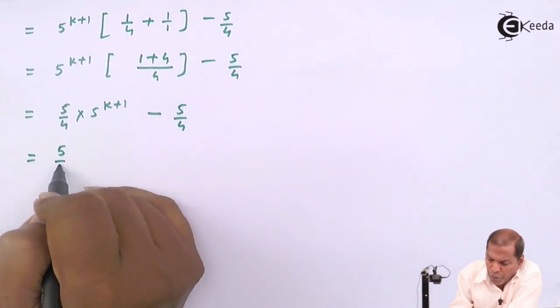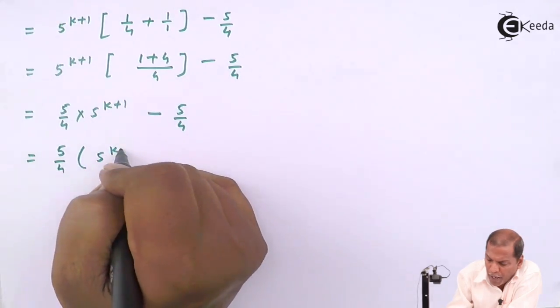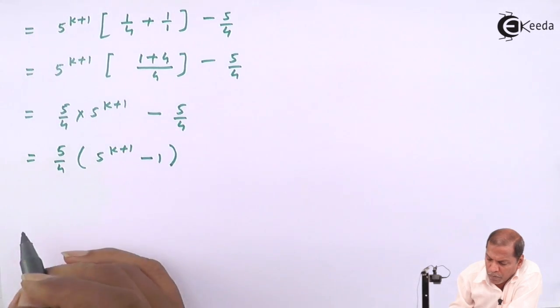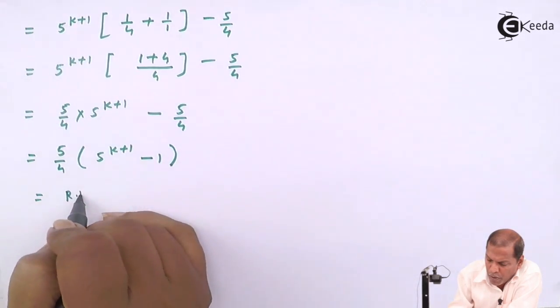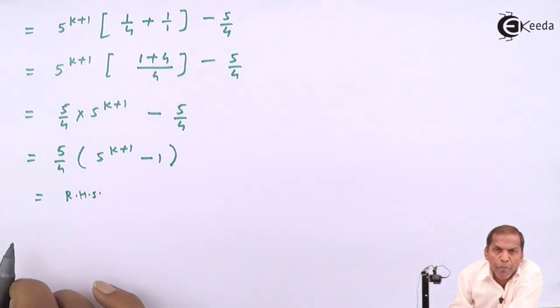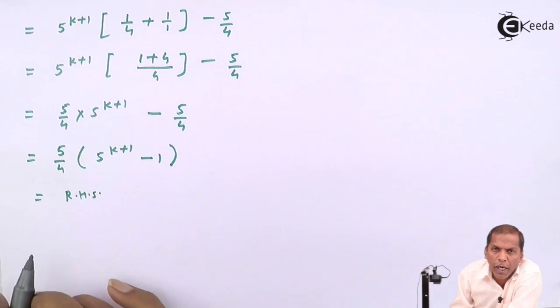From these two we take 5/4 common, so in bracket we have 5^(k+1) − 1, and that is nothing but our RHS. So in this way we prove P(n) is true for n equal to k + 1.